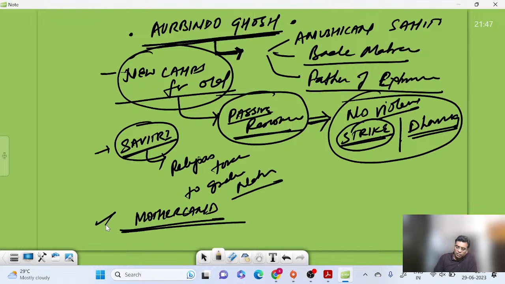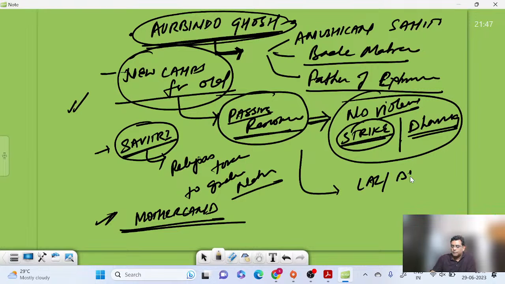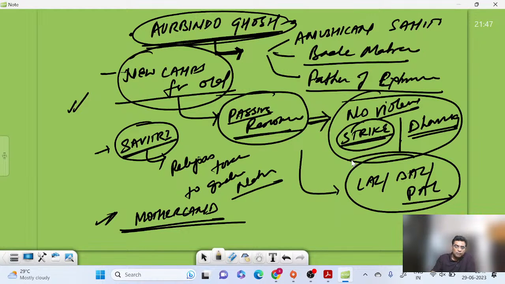So he gave a religious touch to nationalism. Aurobindo Ghosh is rightly called the father of extremism and passive resistance, and thereafter Lal, Bal and Pal took the moral lesson from the philosophical dimension of extreme nationalism projected by Aurobindo Ghosh.